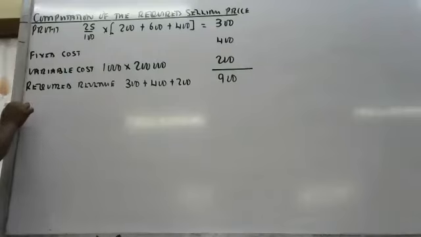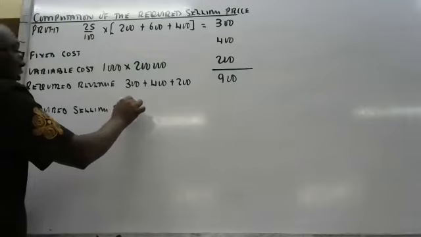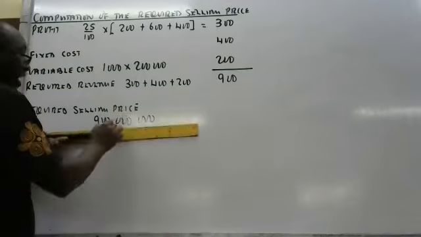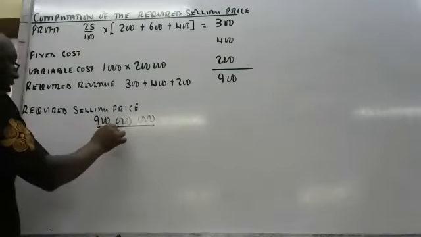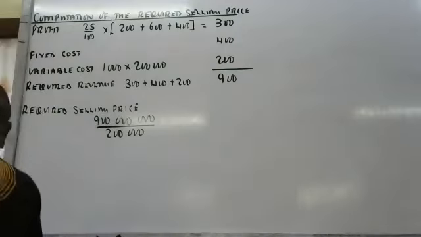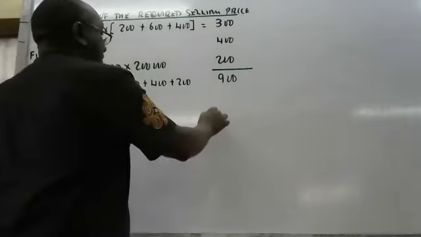So the required selling price should then be 900 million. You divide by the number of units, which we are told is 200,000. 900 million divided by 200,000 gives $4,500.